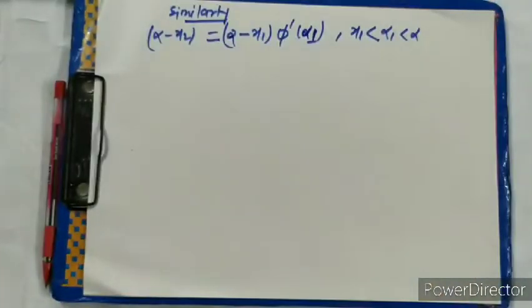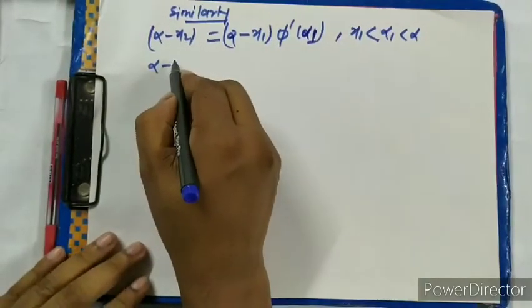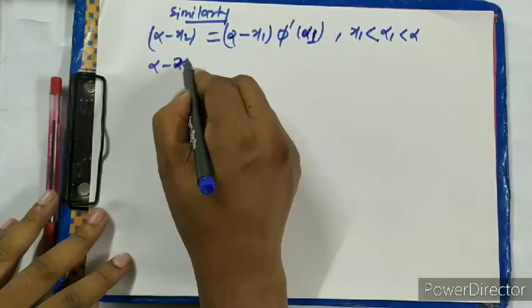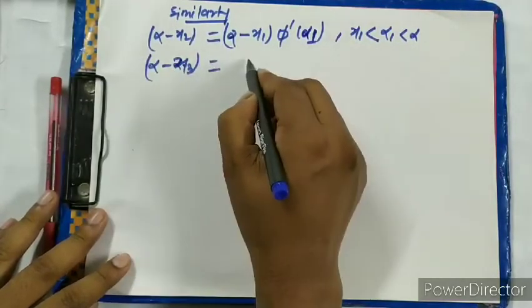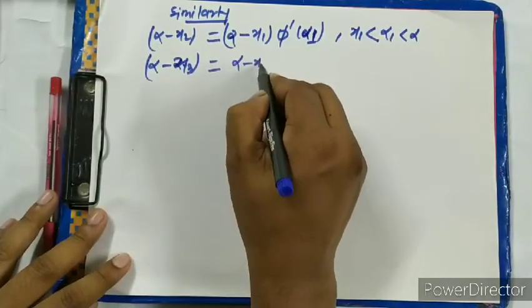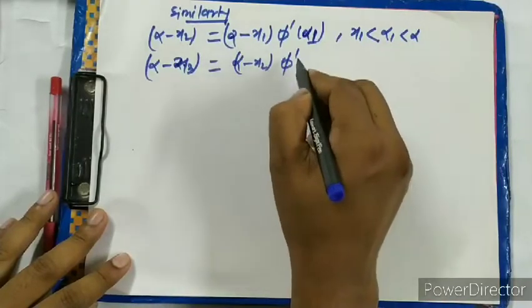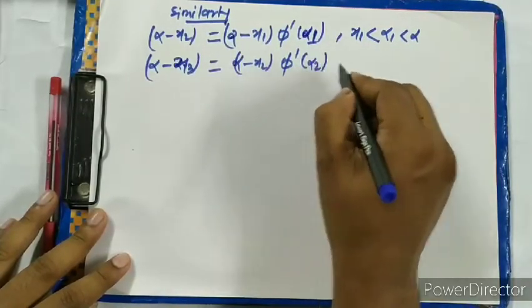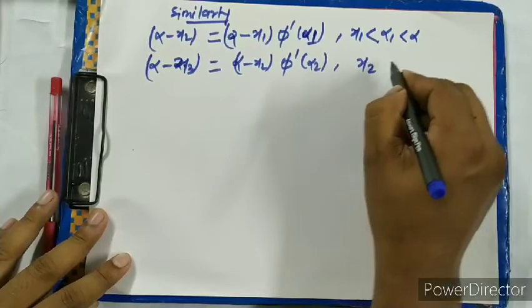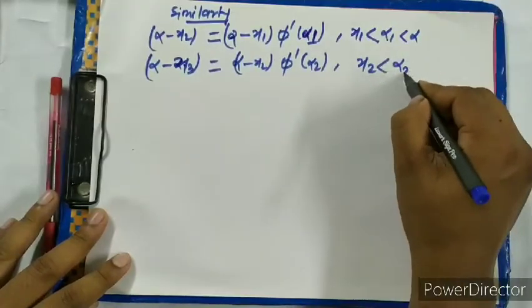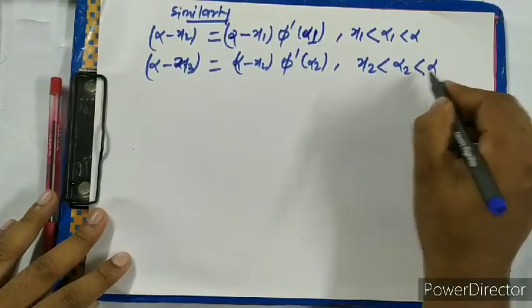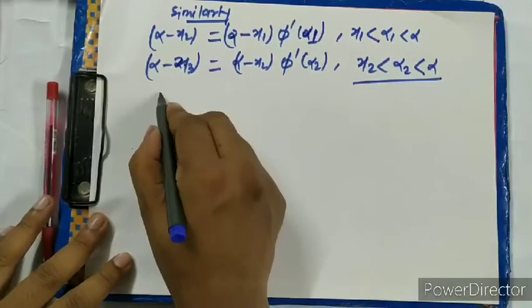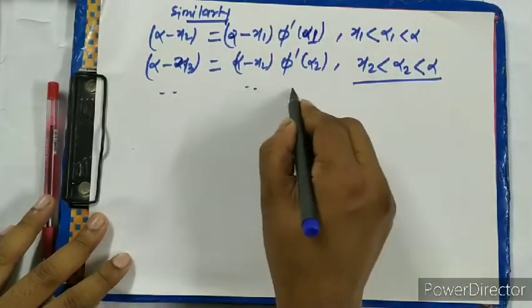Okay, is it clear? In the next step, similarly, alpha minus x3 is equal to alpha minus x2 phi dash alpha 2, where alpha 2 lies between x2 and alpha. In the same manner, we proceed.